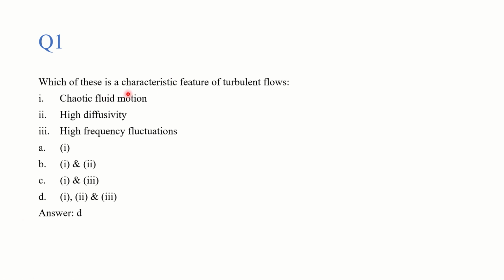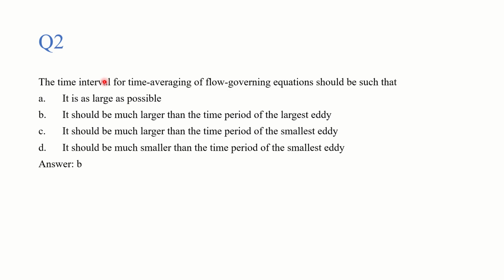Which of those is a characteristic feature of turbulent flows? We know that turbulent flows are associated with chaotic fluid motion, high diffusivity, and high frequency fluctuations. The time interval for averaging should be larger than the largest eddy time period.